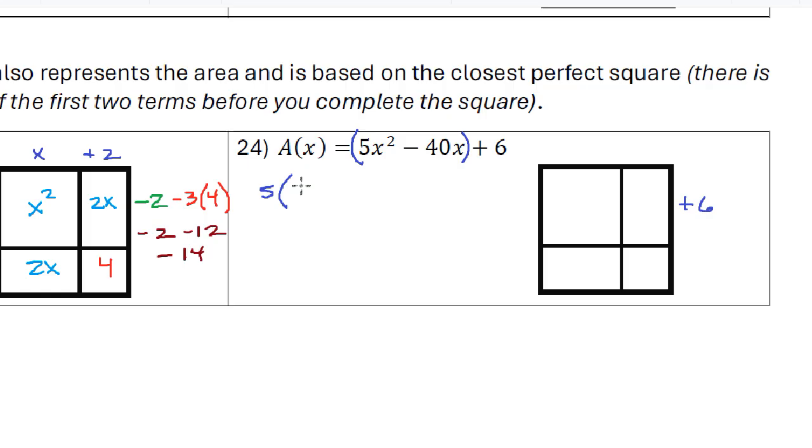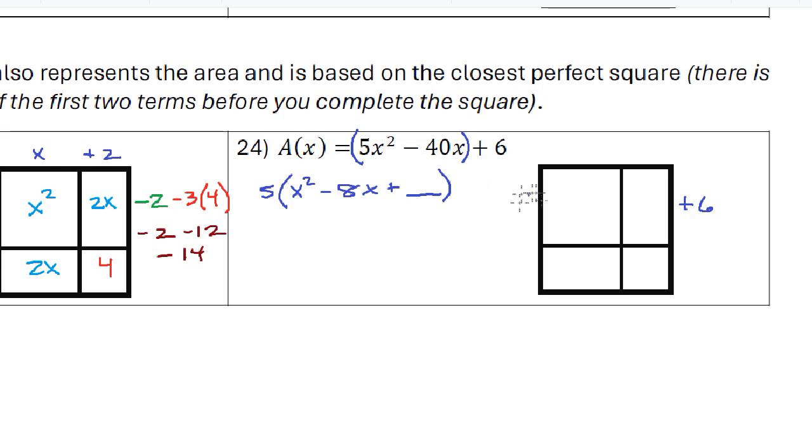So this is 5 times x squared, and then 5 times negative 8. Is that 8? 8 times 5 is 40. Yep, so this is minus 8x. And then we're going to go ahead and put a plus something because we have to figure out how we're going to complete the square.